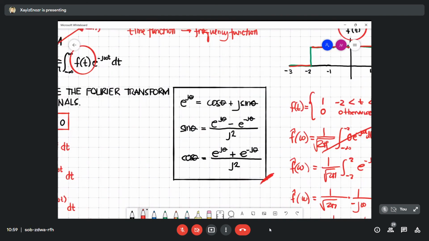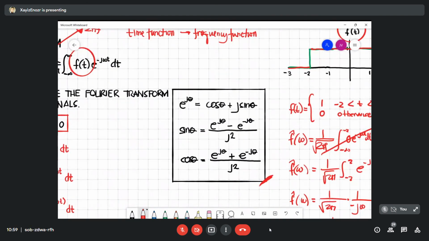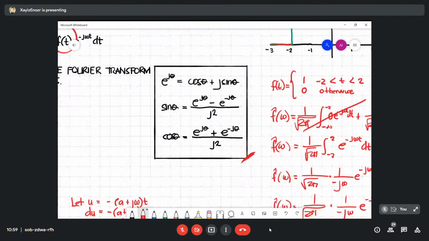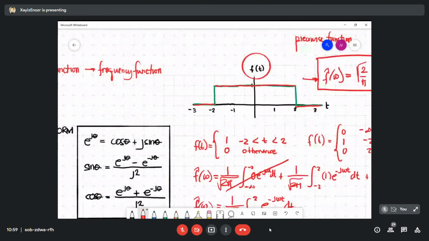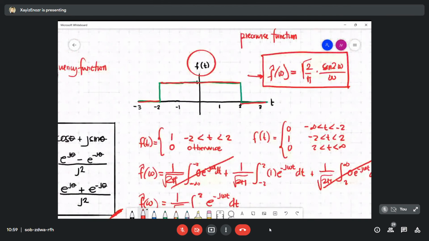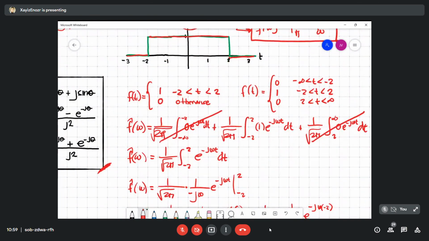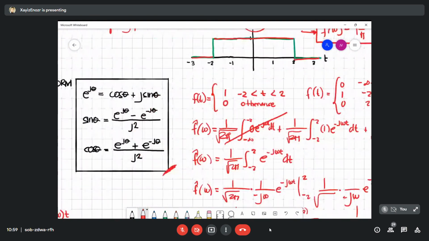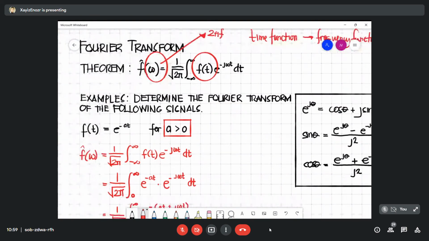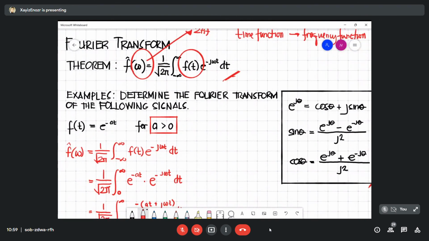So kailangan alam nyo yung identity from exponential form ng complex number to trigonometric form, para ma-represent mo siya in terms of sine or cosine kung kinakailangan. Ayan, that is Fourier transform. So may tanong ba? Tandaan nyo lang itong identity na to, tsaka yung main theorem niya, yung pinaka-integral formula.